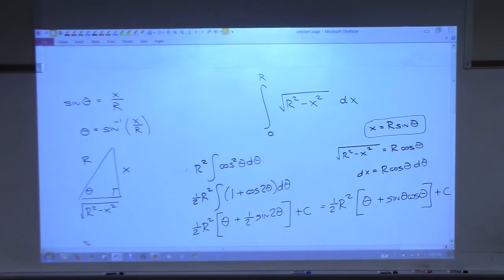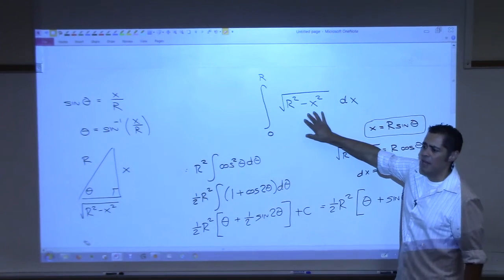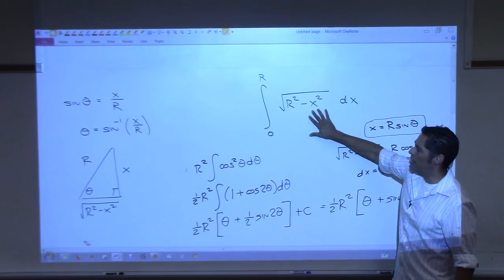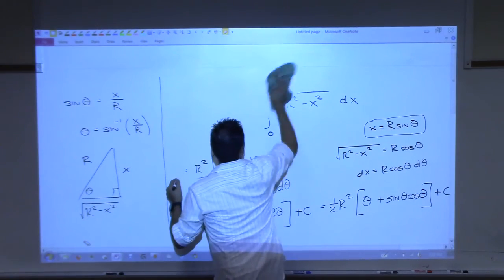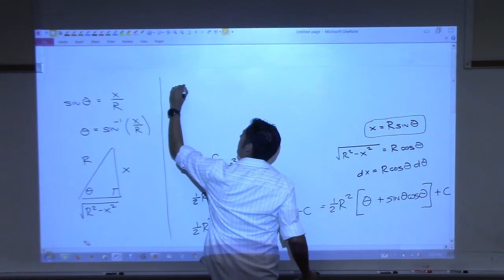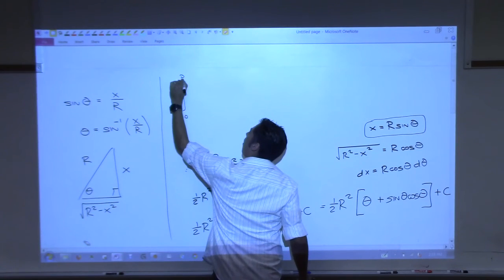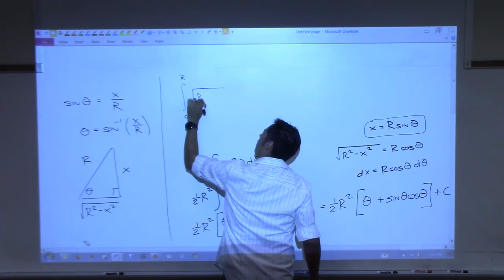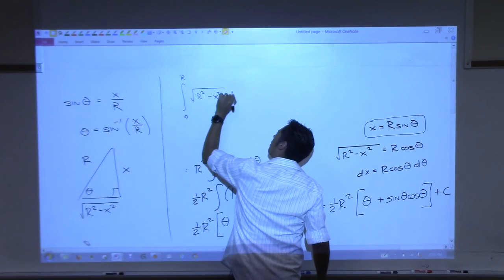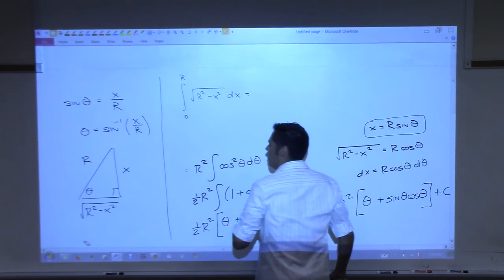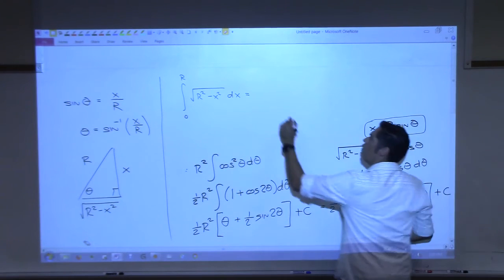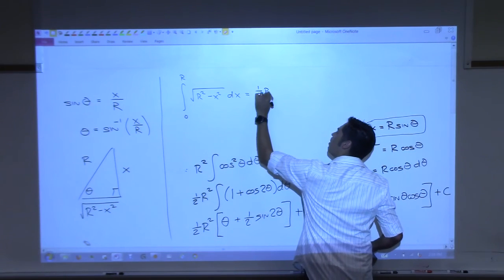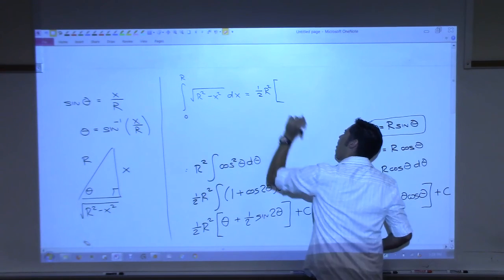You all ready to rewrite the integral? Okay, so look what's going to happen now. I'm going to come back to this now, all right? Okay, let me rewrite it because I need some room. The integral from 0 to capital R of square root of r squared minus x squared dx is equal to the antiderivative. Here it is. 1/2 r squared, and then what was theta?